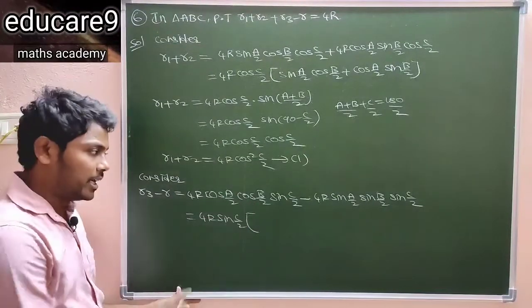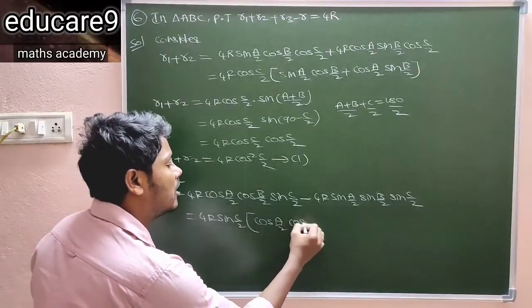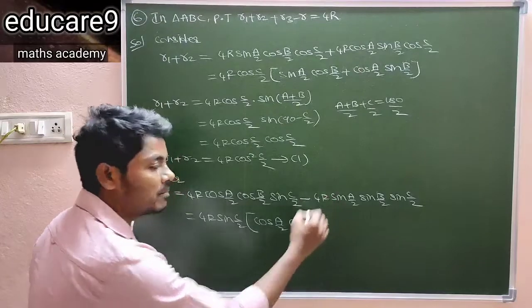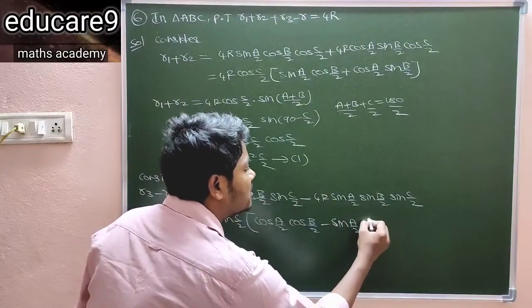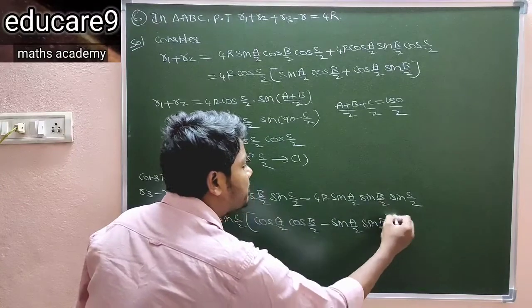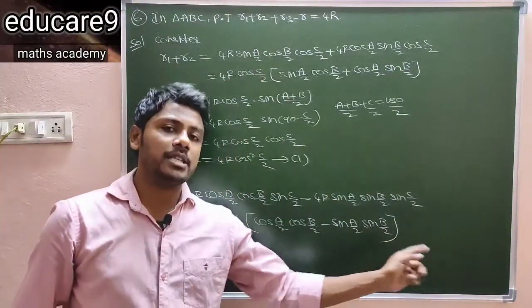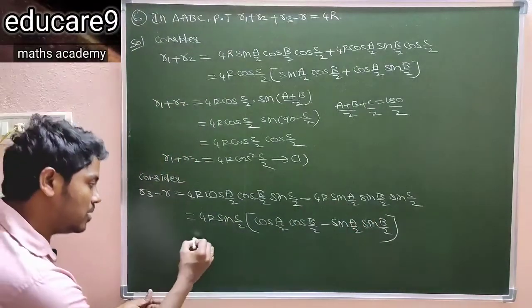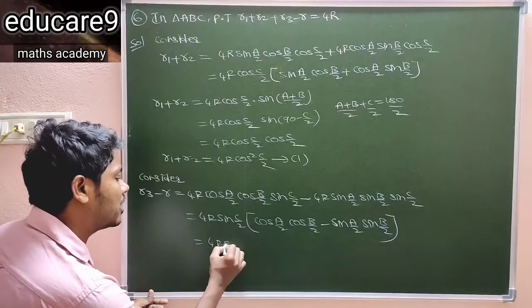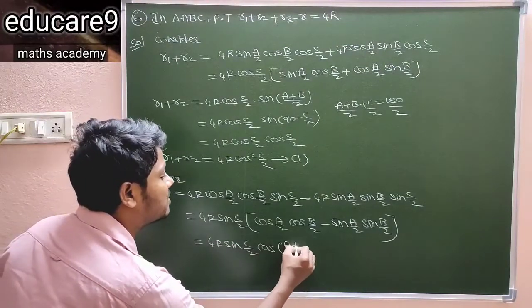So what are the remaining terms here? Cos A by 2 cos B by 2 minus sin A by 2 sin B by 2. So clearly it is in the form of cos A cos B minus sin A sin B, that is cos of A plus B. So this is 4R sin C by 2 into cos of A plus B by 2.